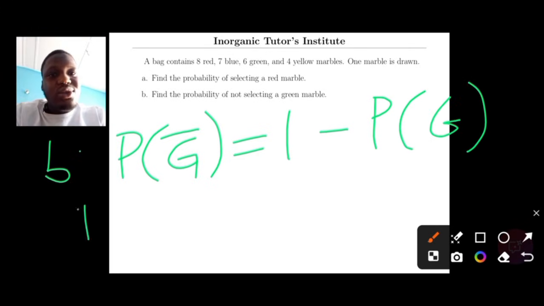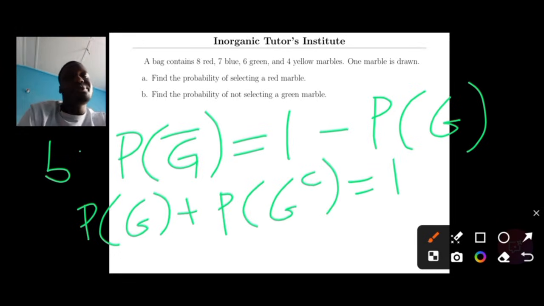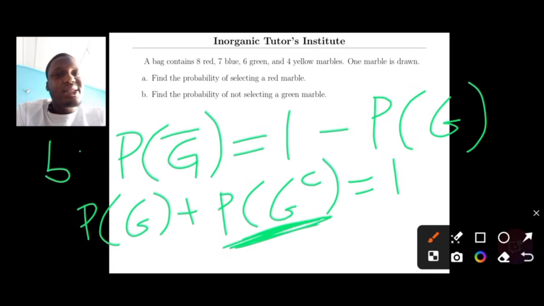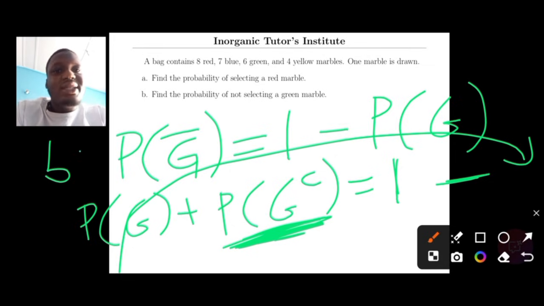Because note that P of green plus P of not green should be equal to 1, from the previous lecture. In that case, the P of not green is 1 minus P of green, because we move this to the other side. Okay, so that's the probability of not green.